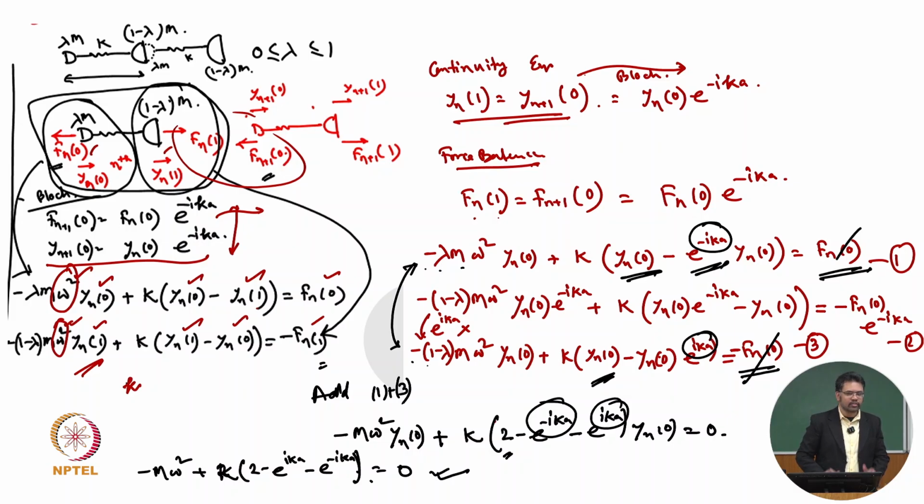Okay, is that clear? So you see, there is a key point. Whatever way you do, Bloch theorem will be used, whatever the number of degrees of freedom, twice the Bloch theorem will be used.